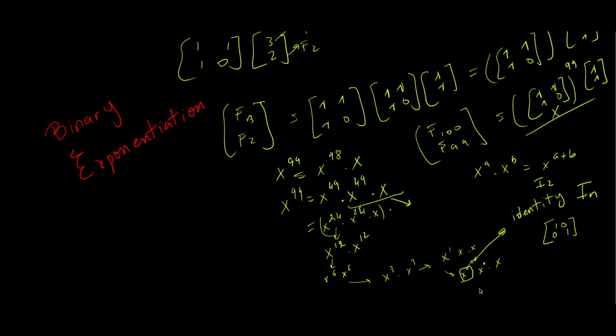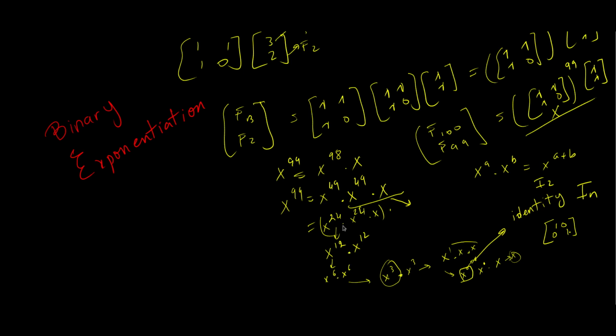So when we reach this bottom position, we will just return this times itself times x. So this will be equal to x. And once we get this value, we can perform 3 multiplications to get the value for x to the 3rd. Then we will perform another multiplication here to get x to the 6th.